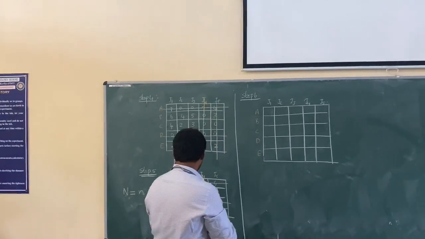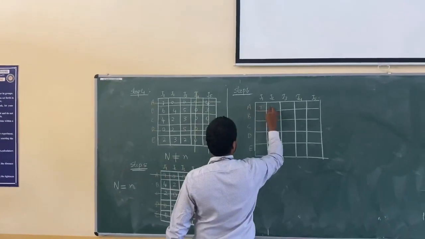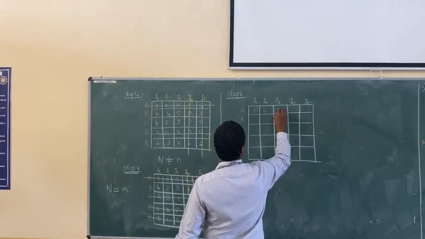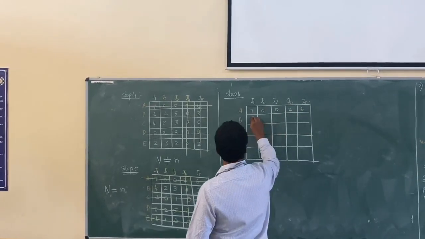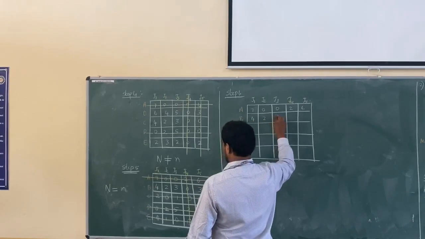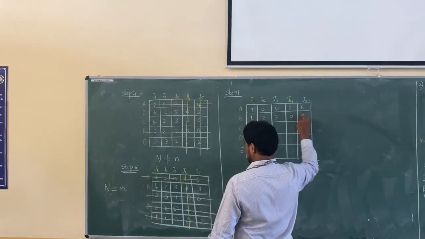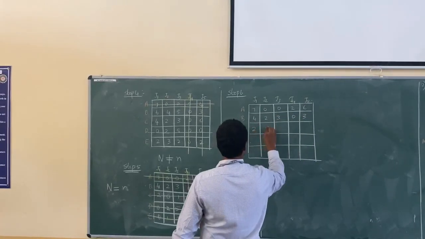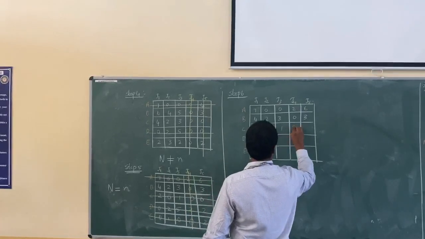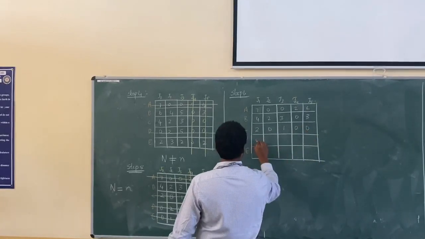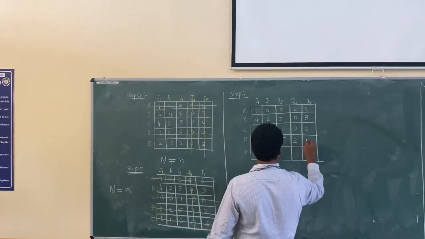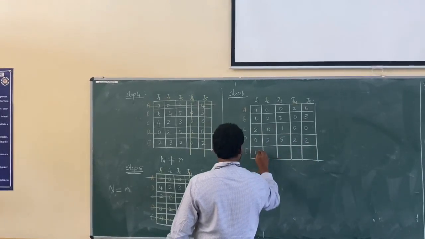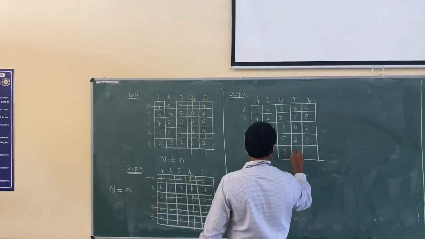Just copy down the same matrix, that is 7, 0, 0, 2, 6, 4, 2, 3, 0, 3, 2, 0, 1, 0, 0, 0, 2, 5, 2, 2, 0, 1, 0, 0.